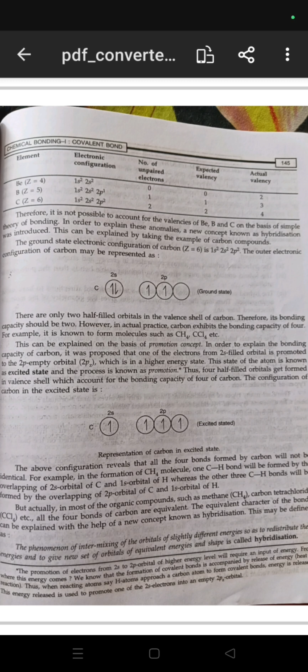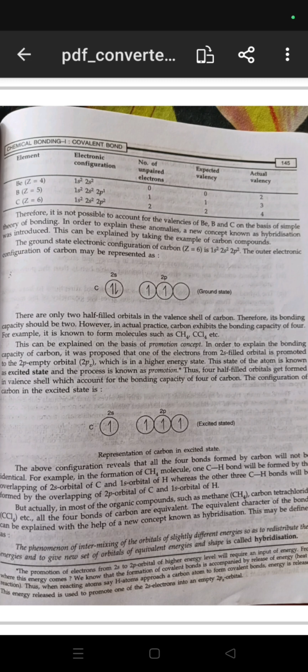The ground state electronic configuration of carbon is 1s2, 2s2, and 2p2. The outer electronic configuration of carbon is represented below. There are only two half-filled orbitals in the valence shell of carbon. Therefore, its bonding capacity should be 2. However, in actual practice, carbon exhibits the bonding capacity of 4.